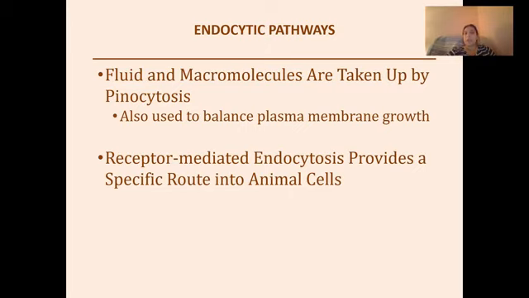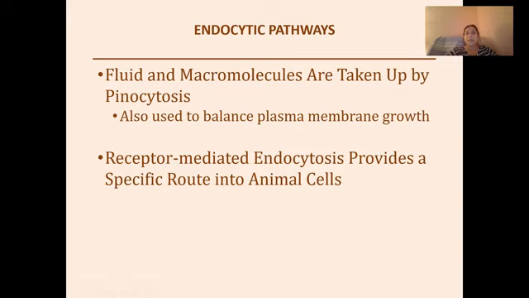And it's taken in by a process called pinocytosis, because it's a very specific engulfing and taking in of that particular agent into its plasma membrane. It is also used sometimes to balance plasma membrane growth, to replenish it from time to time, to provide it with new protein receptors based on the new environment that the cells are in.